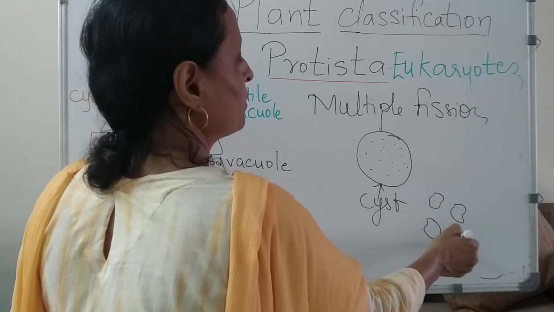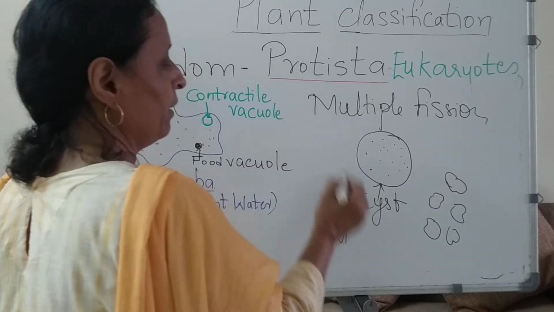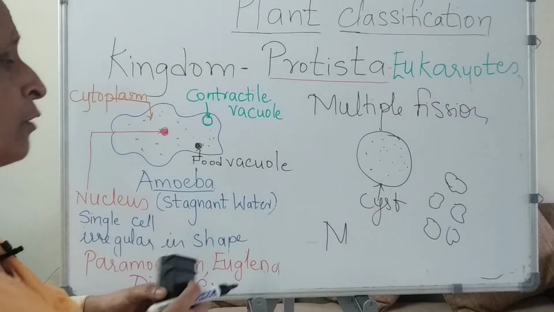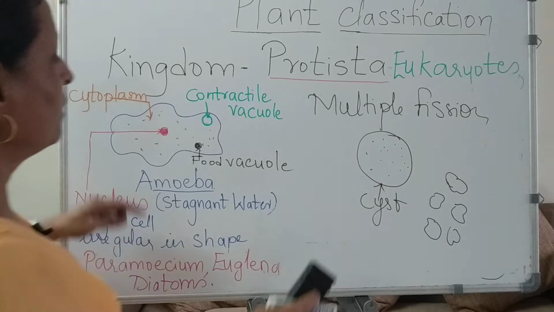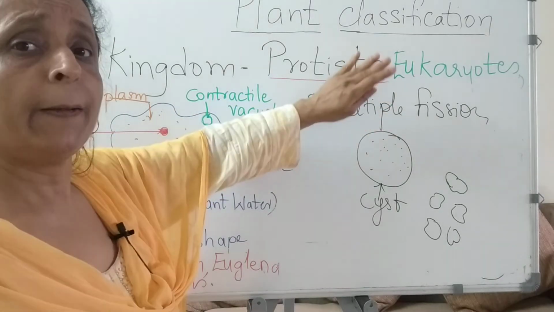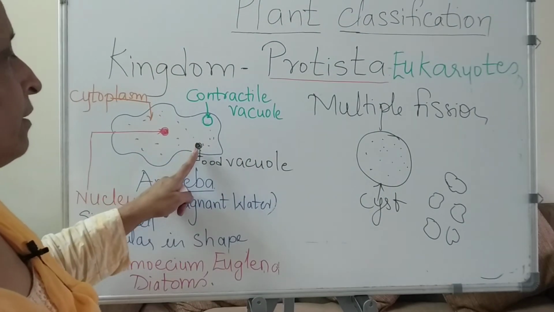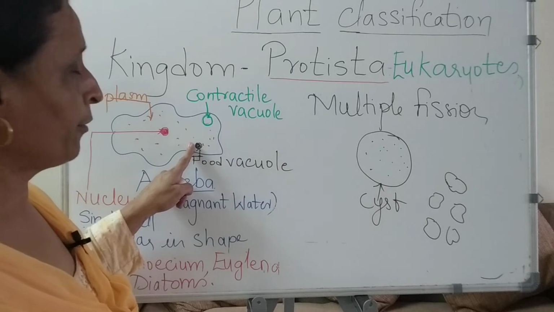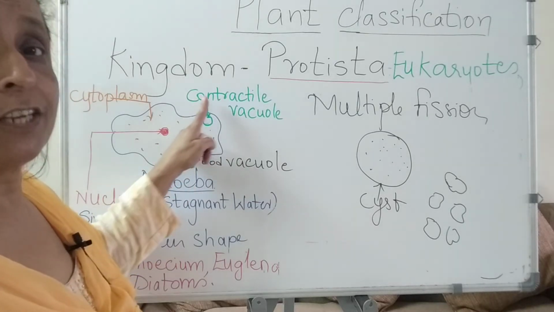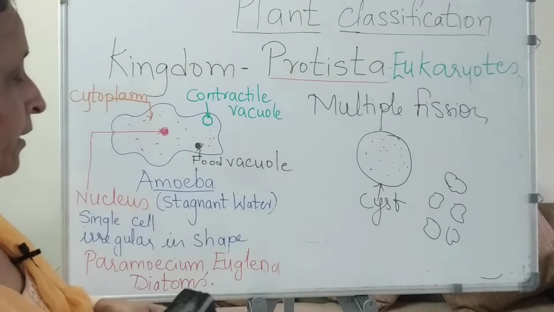So this process of reproduction is known as multiple fission. So this unicellular cell is able to carry out different functions with one cell itself, of reproduction, taking in food, excreting out the waste, carrying out the respiration, and maintaining the balance of the water inside the body.